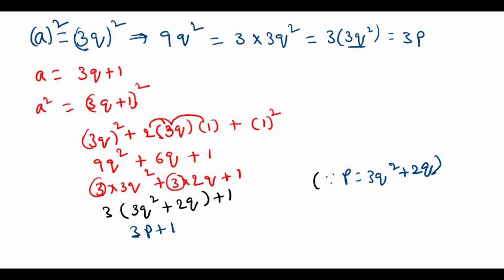So if the remainder is 0, we got 3p, and if the remainder is 1, then we got 3p plus 1. We check one more condition, because when it is divided by 3 you will get the remainder 0, 1 or 2, right? So 0 I checked, 1 I checked, next 2 I am going to check. This time a is equal to 3q plus 2, as the remainder is 2. Now take squaring on both sides.